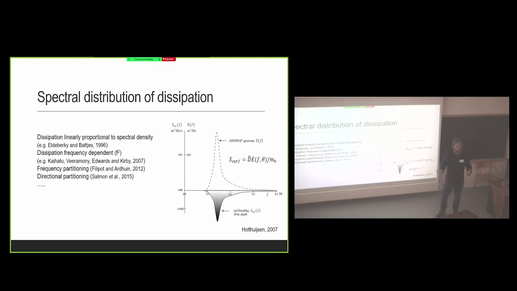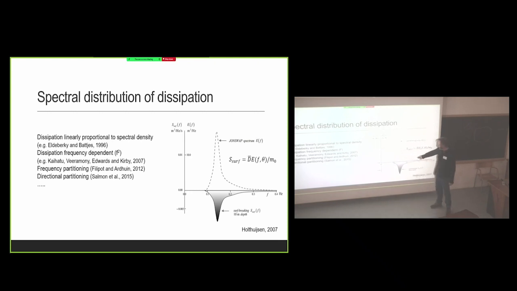It's still partly empirical, but let's say now we have the dissipation. We would like to distribute that over the spectrum because ultimately what's coming in can be represented by a frequency-directional spectrum. And there are different ways of doing it. What we tend to use at the moment, for instance, in SWAN, is making it linearly proportional to the variance.